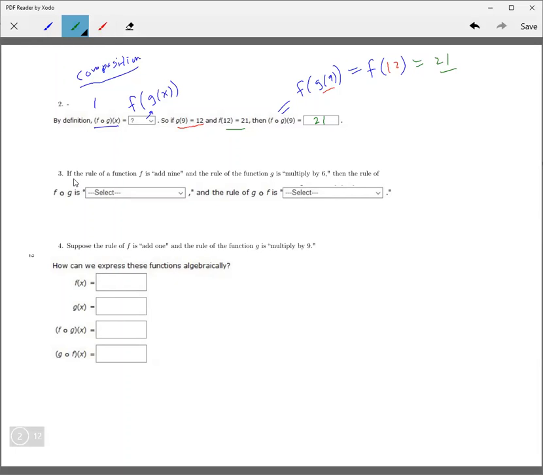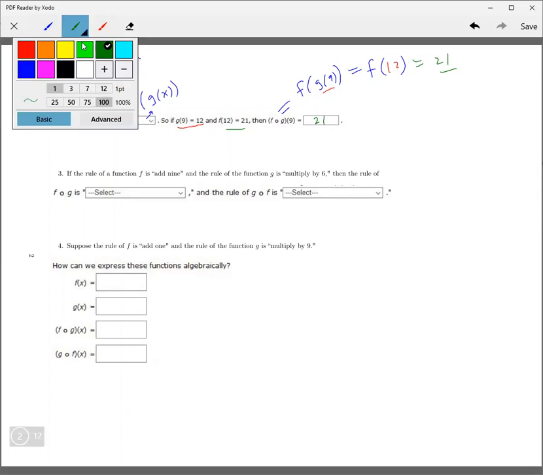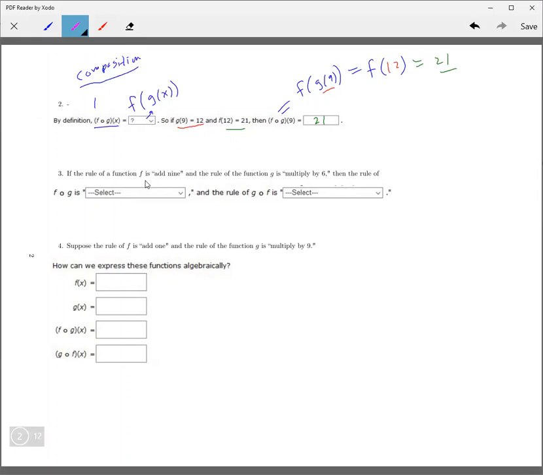Okay, next exercise. If the rule of a function f is add 9, so f is add 9, and g is multiply by 6, then the rule of f of g, so this is, again, f of g of x. Even though it goes from left to right, you're going to do g first.